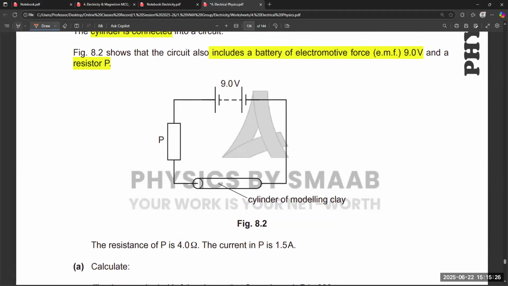Then the resistance of P is 4 ohms and the current in P is 1.5 ampere. So basically we know that in this circuit we have only one path, so current remains the same throughout the circuit. So the same current will flow throughout the circuit from every component. So current is same.